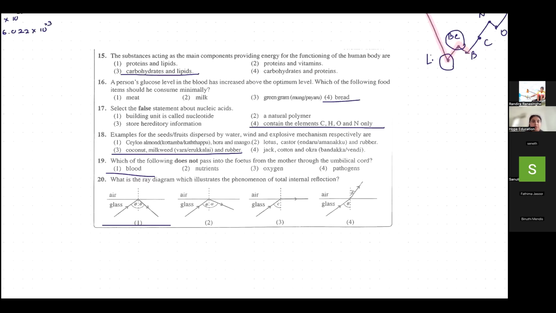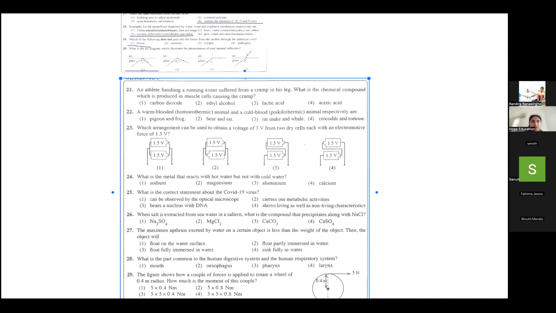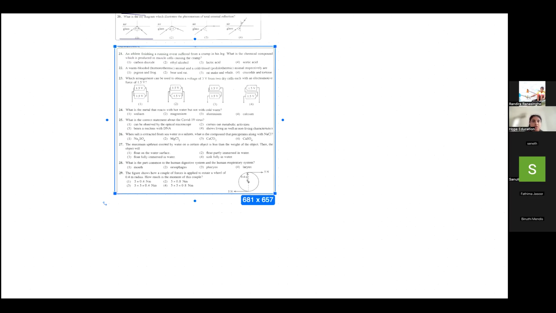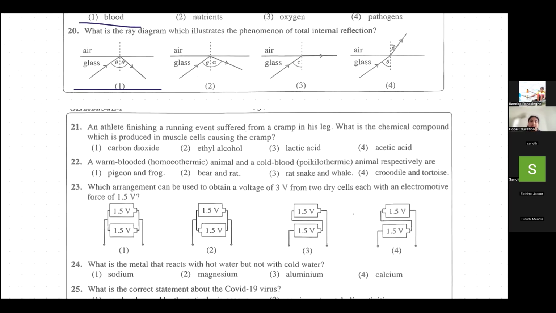Then let's move on to the rest of the questions. All right. An athlete finishing a running event suffered from a cramp in his leg. What is the chemical compound which is produced in muscle cells causing the cramp?